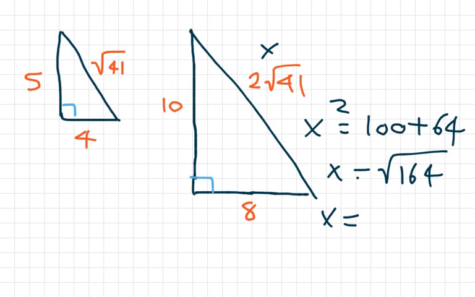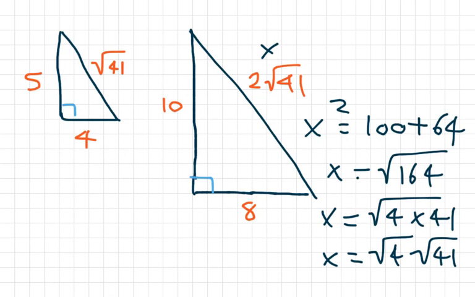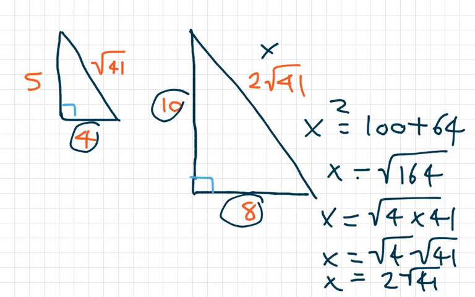And it turns out that 164 is the same as 4 times 41. That's handy. And then if we separate those, root 4 times root 41, we do indeed get 2 times root 41. Super, so we can see all of those lengths are proportional. 8 over 4 is equal to 10 over 5 is equal to 2 root 41 over root 41, which is equal to 2.